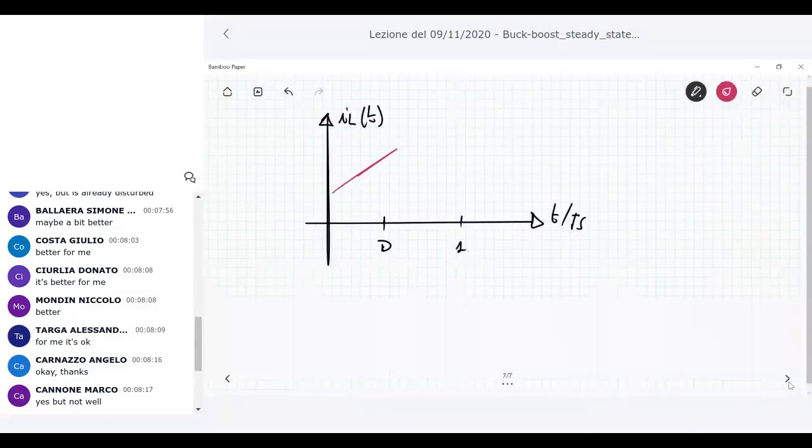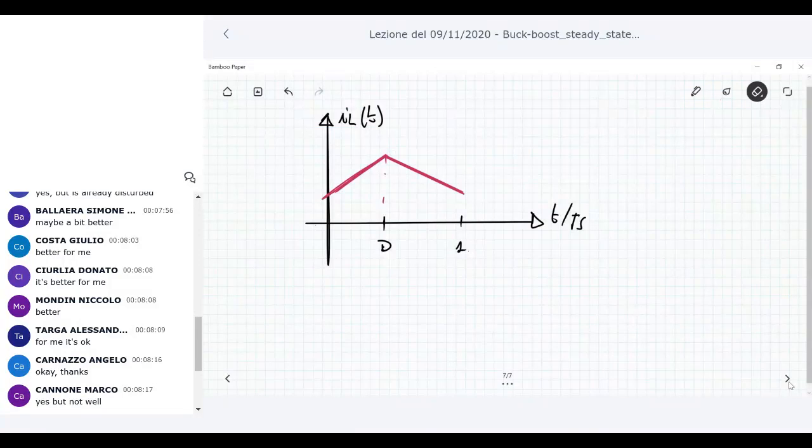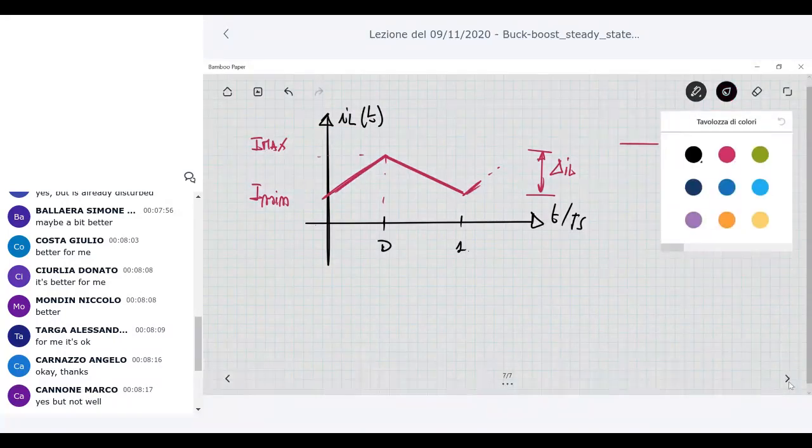The inductor has a current which is something like this. So we have I minimum, I maximum, and then you have the ripple.